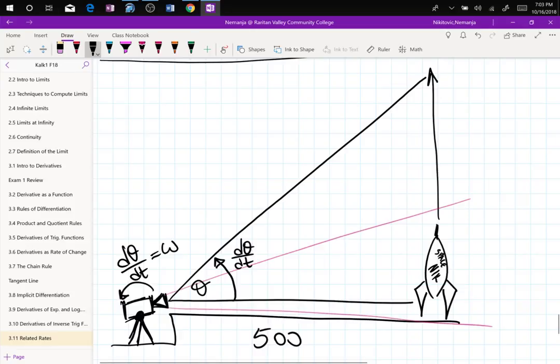Usually when I teach this, I put this to be 500 feet, and we have the height which is given to us from the central command. Sounds good? Now, what is the geometry of this problem?